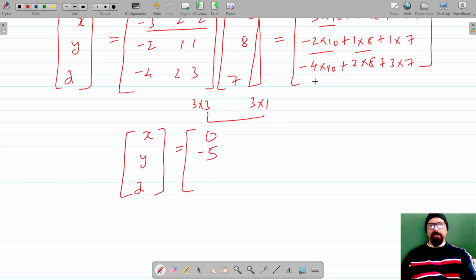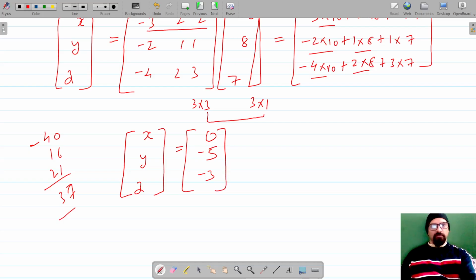So this is negative 5. Negative 40 plus 16 plus 21. 16 plus 21 is 37, and this is negative 3.